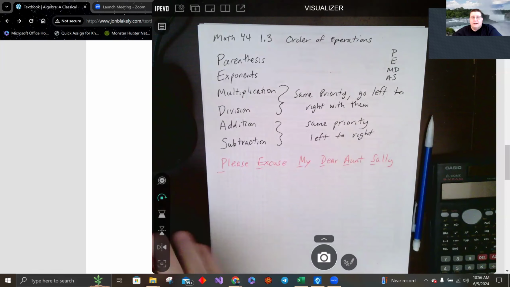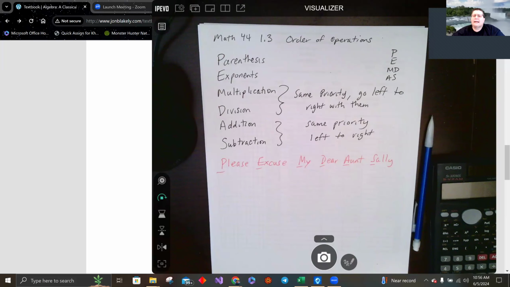PEMDAS. Now, that's great. That's how I learned it growing up, but I didn't have an Aunt Sally, and I still don't have an Aunt Sally. And I don't think that's going to change. I'm getting older now. You probably don't have an Aunt Sally either, but if you do, this is fantastic for you.